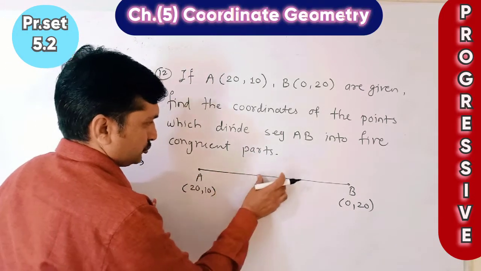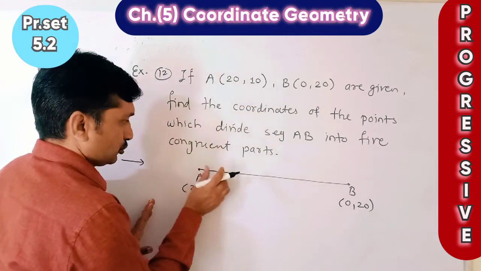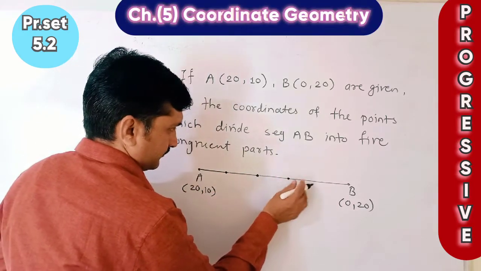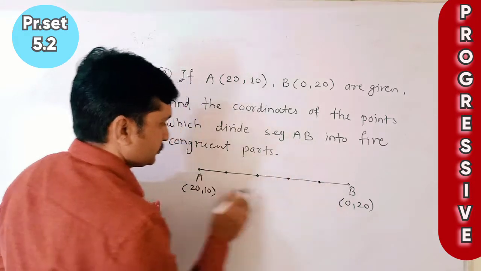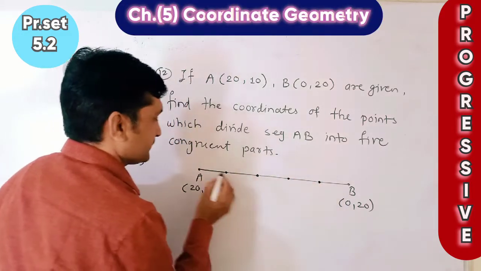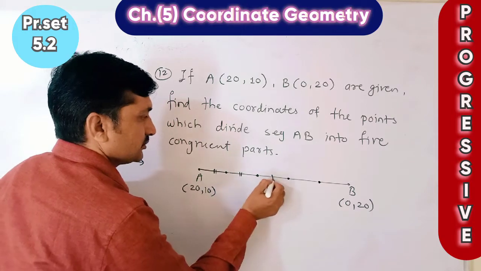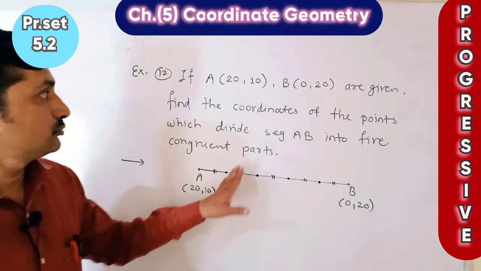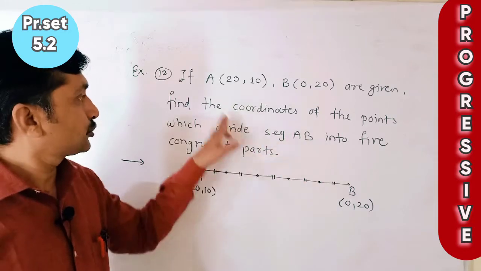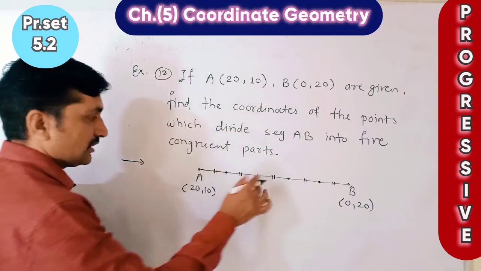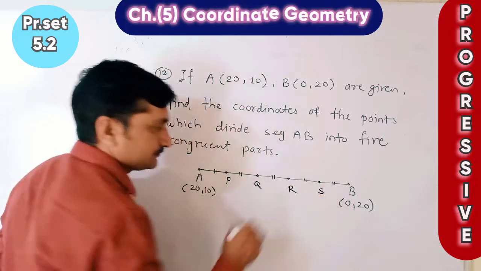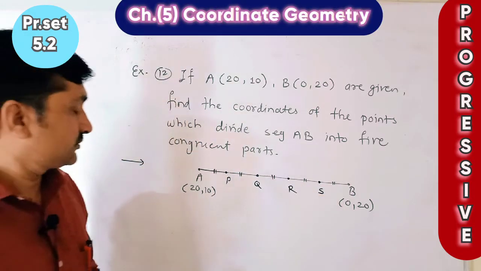Now you see 5 parts, and these are equal parts. We have to find the coordinates of all these points. Now on AB I label P, Q, R, S, giving 5 parts.